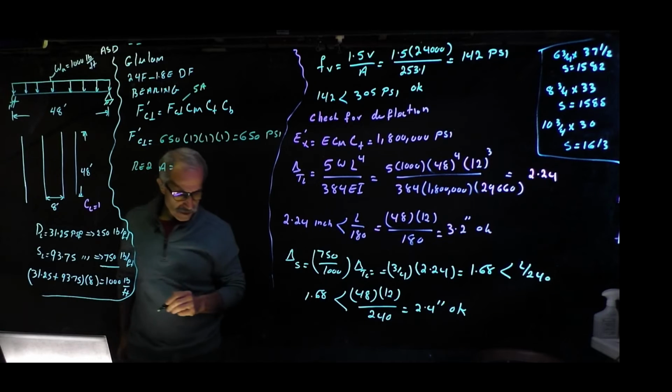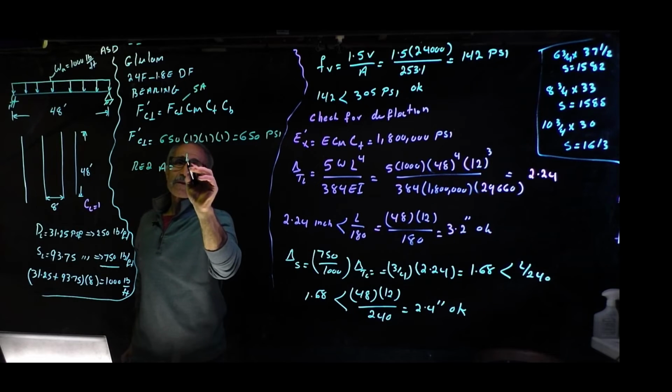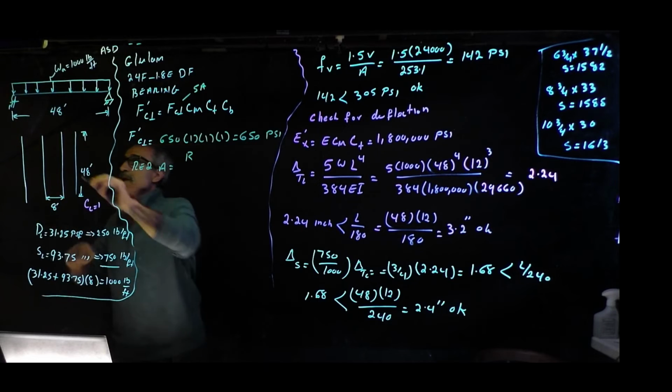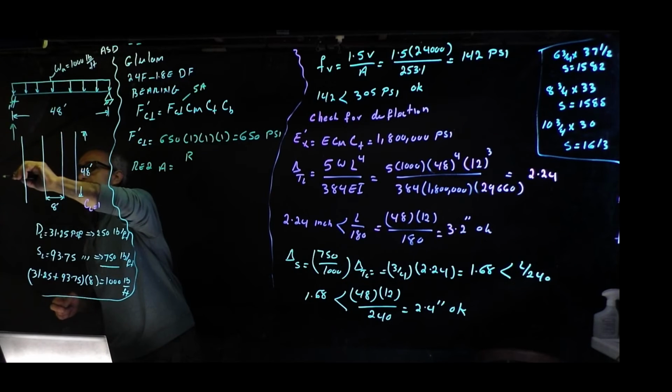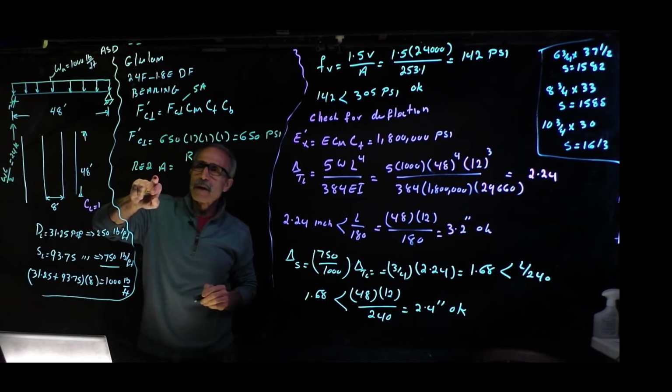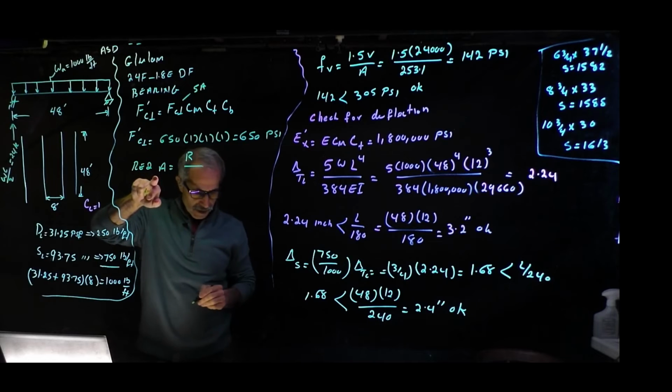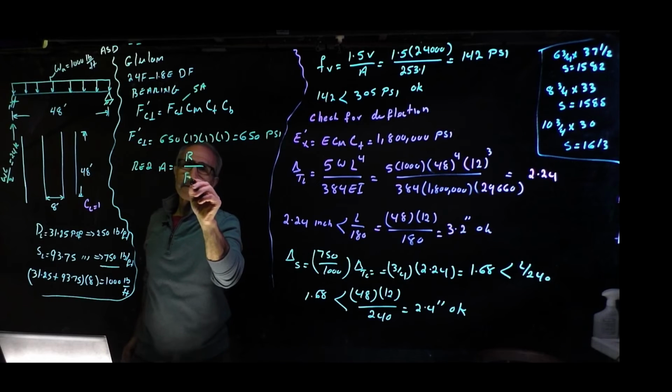So now we're going to say required area is equal to the reaction, which is basically WL divided by 2, which is equal to 24 kips, divided by the stress F prime compression perpendicular to the grain.